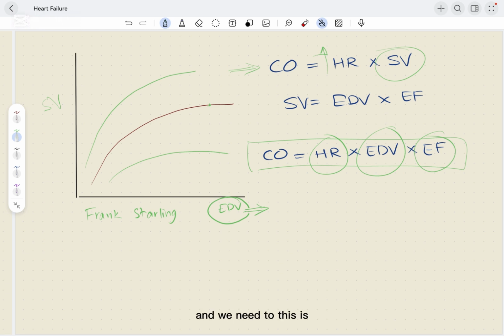This is also what explains, and this is what we need to understand, that any irregularities in the heart, whether it's a tachyarrhythmia or a bradyarrhythmia, can basically tip a person in heart failure to acute decompensated heart failure.